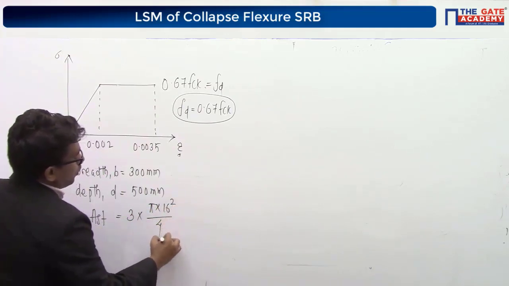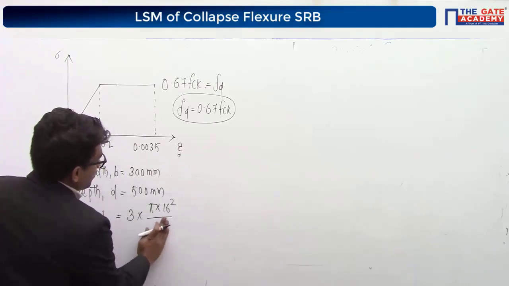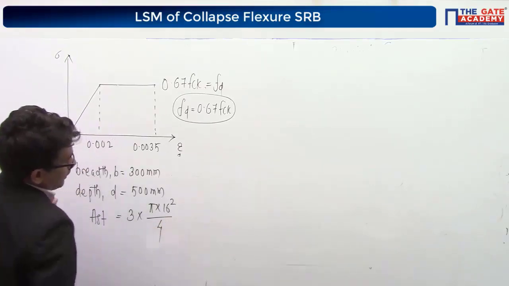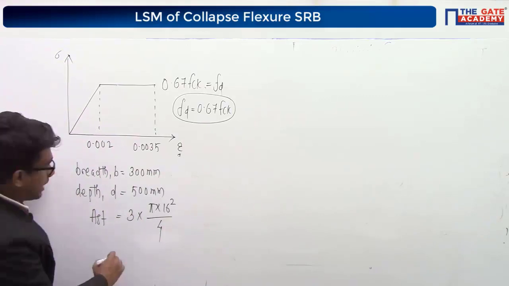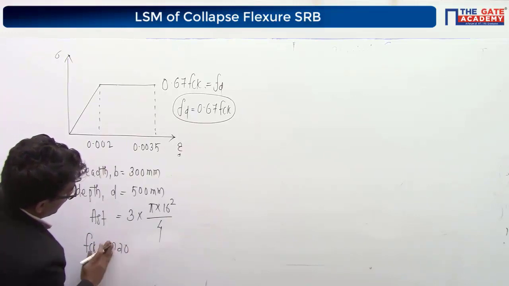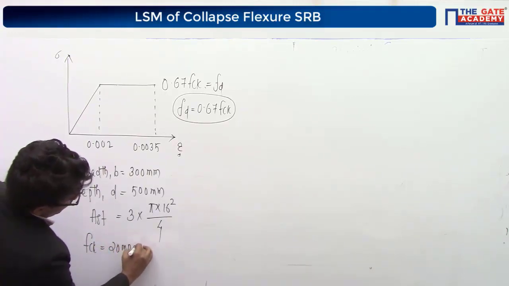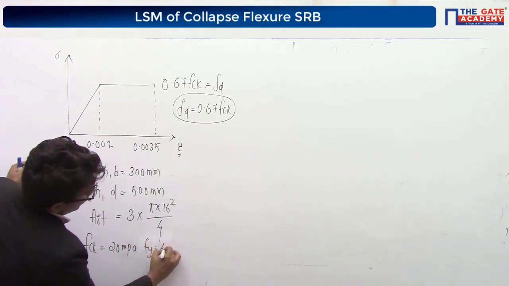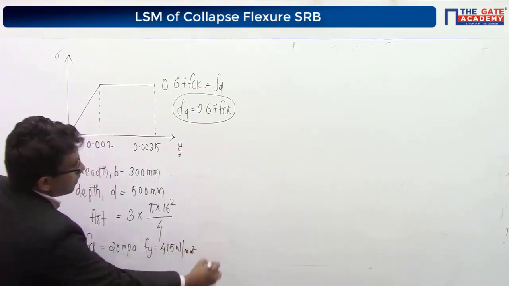That is 3 into pi D square by 4 will give you the area of tension reinforcement, pi into 16 square divided by 4. Then what else is given? We are given FCK, that is M20, or we can say 20 Newton per mm square, 20 MPa, and Fy here will be equal to 415 Newton per mm square.